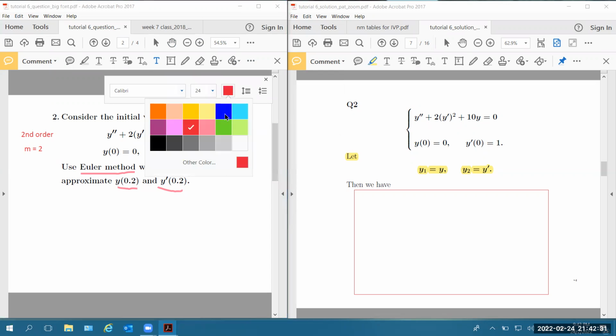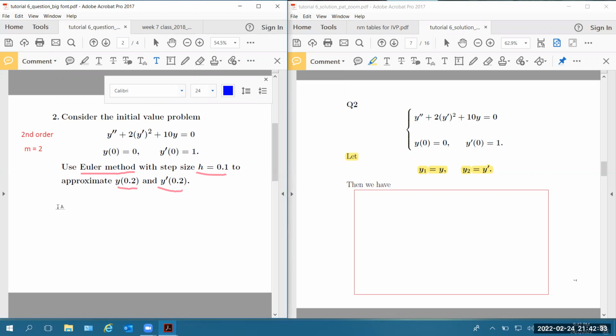Maybe we change to blue. I don't know whether it's easier to type here or here. Maybe I type here, then you can still see here.